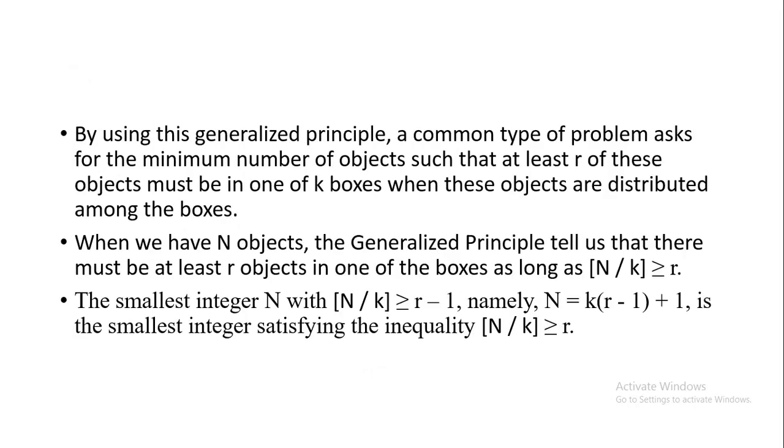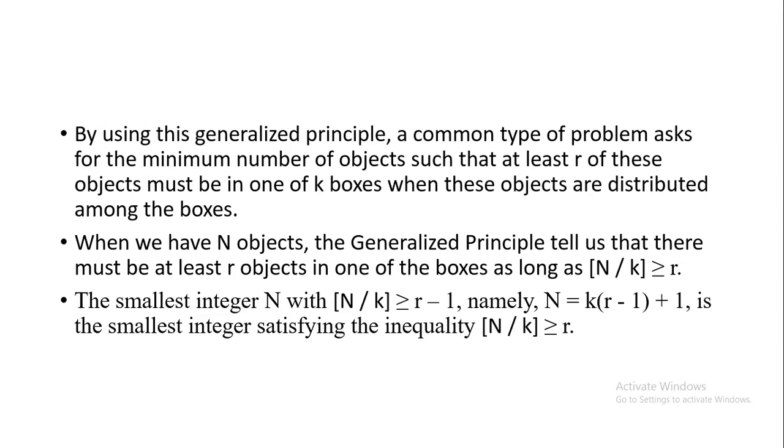By using this generalized principle, a common type of problem asks for the minimum number of objects such that at least r of these objects must be in one of the k boxes when these objects are distributed among the boxes. When we have n objects, the generalized principle tells us that there must be at least r objects in one of the boxes as long as ⌈n/k⌉ is greater than or equal to r.